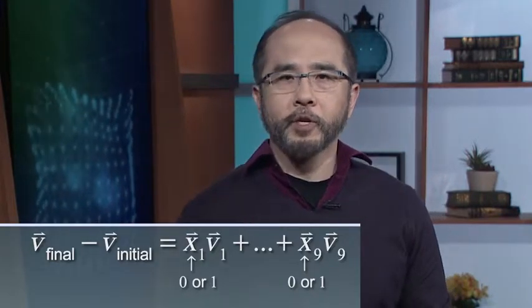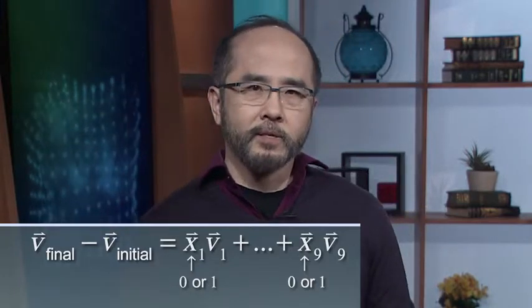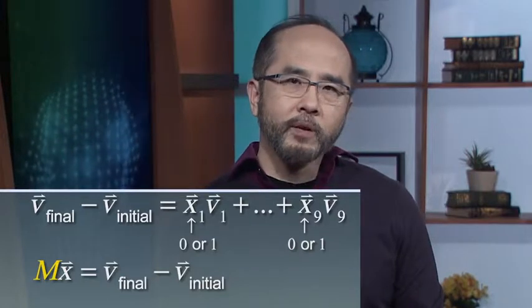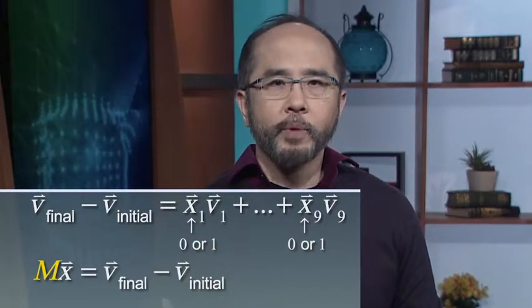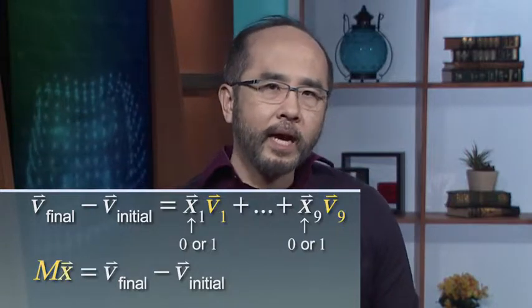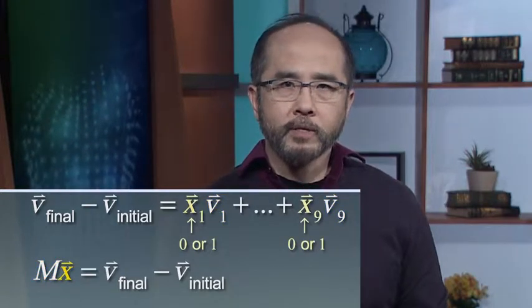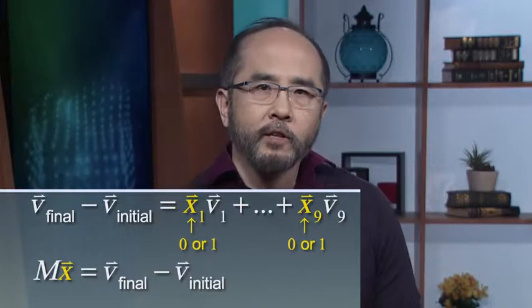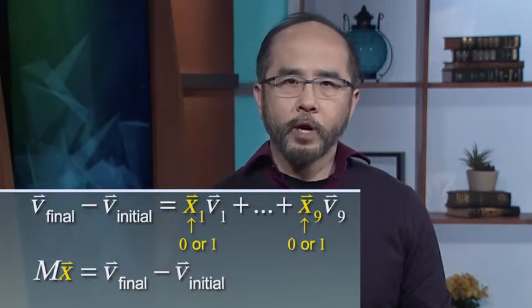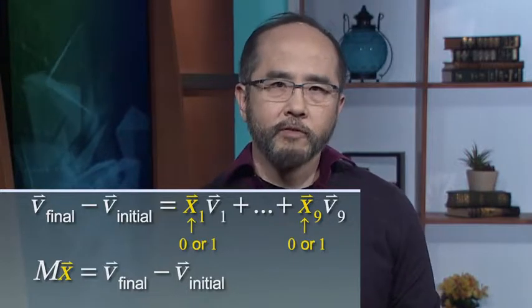We can use the fundamental correspondence to write this as a matrix equation. Let M be the matrix whose columns are the button vectors v sub 1 through v sub 9. And let X be the vector with components x sub i, the vector of 0 and 1 coefficients indicating which buttons should get pressed to get from the initial to the final configuration.